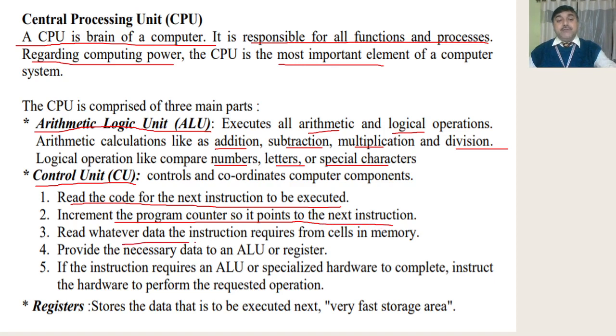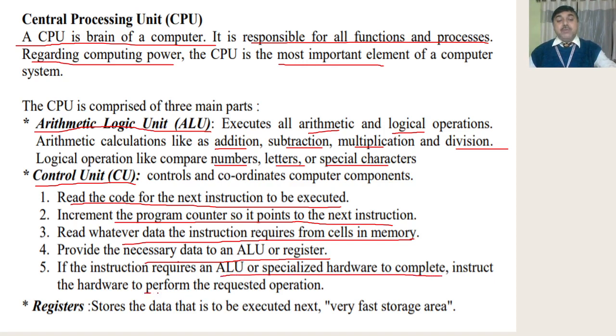Read whatever data is required from the cell in memory. Provide the necessary data to the ALU or register. If the instruction requires it, there is special hardware, a specialization of the hardware, to complete the instruction.